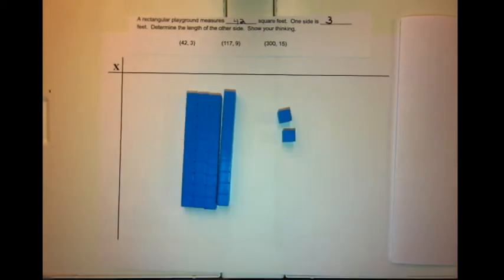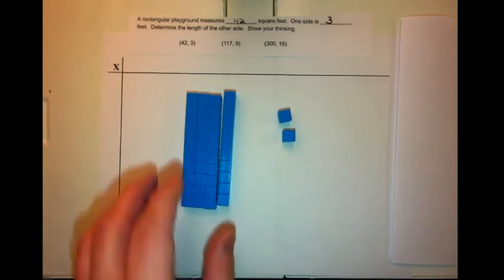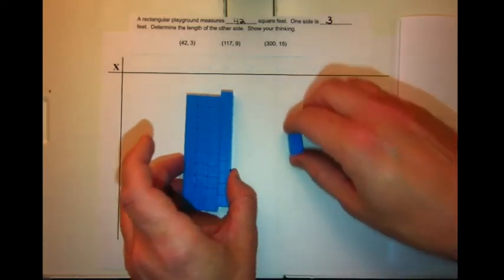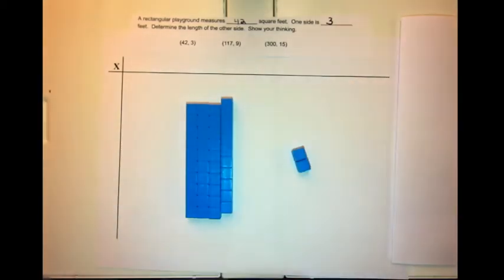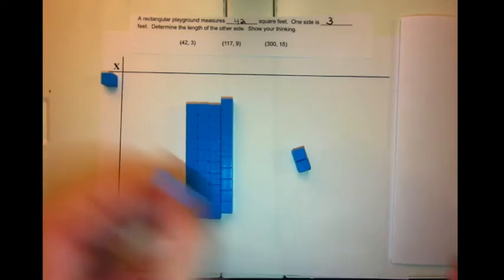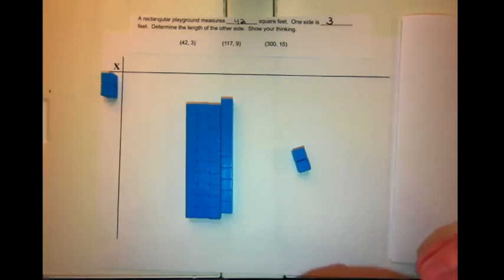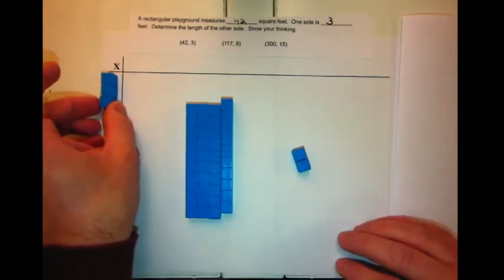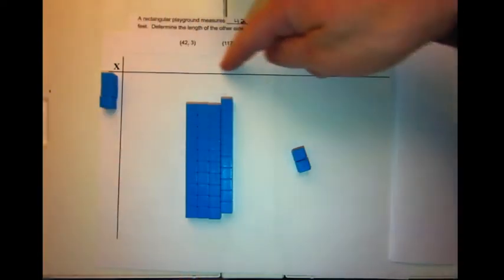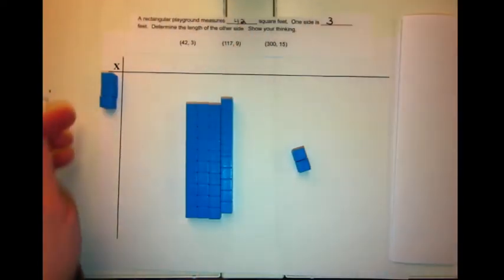And one side is 3 feet. So what I have to do is think about, well, what does one side kind of look like? So I'm going to put 3 units over here because I know that one side is 3 feet. And basically what I need to do is figure out what the other side is.